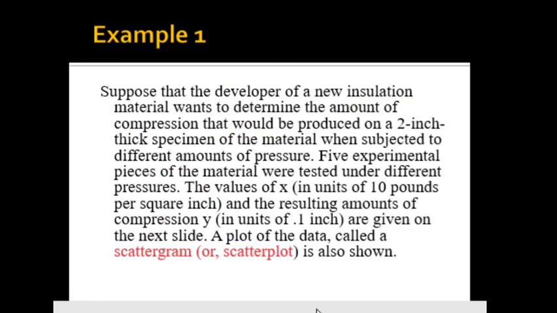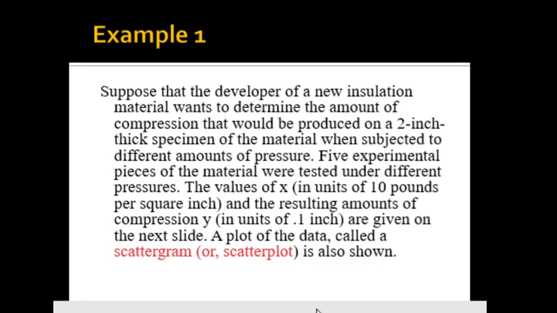Now here's an example. Suppose a developer of a new insulation material wants to determine the amount of compression that would be produced on a 2-inch thick specimen of the material when subjected to different amounts of pressure. 5 experimental pieces of material were tested under different pressures, and the value of x, which is in units of 10 pounds per square inch, and the resulting amounts of compression y in units of 0.1 inch are given.